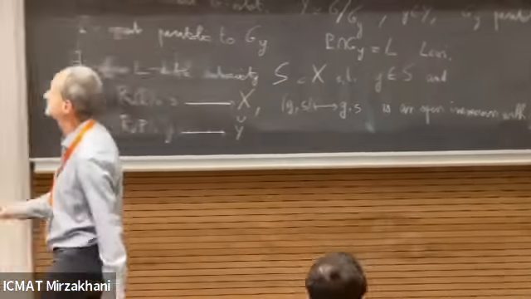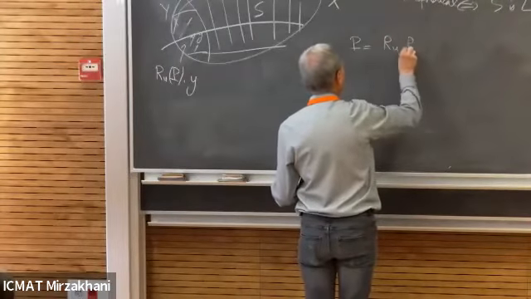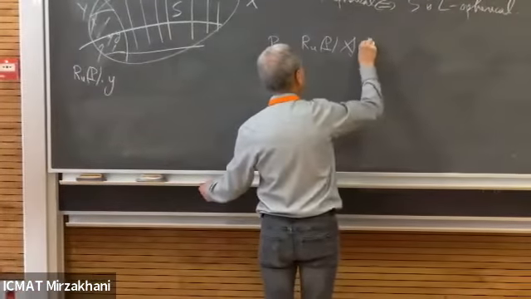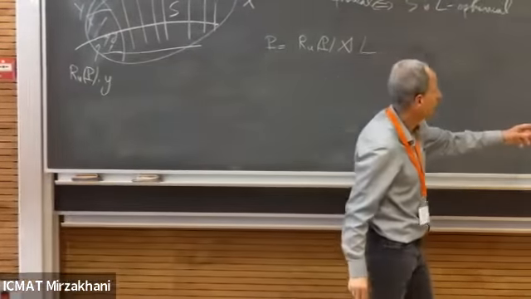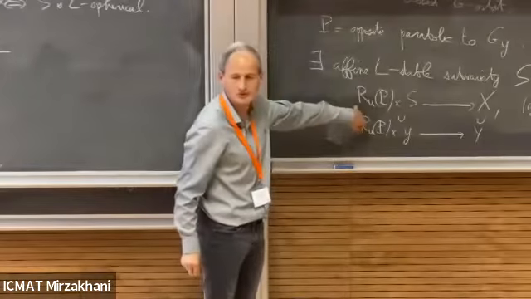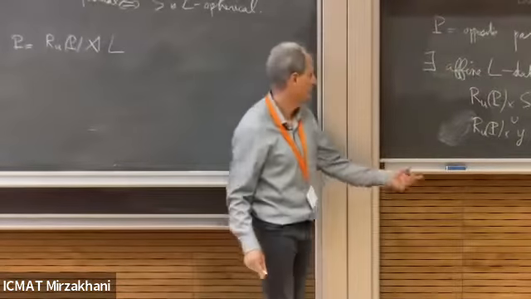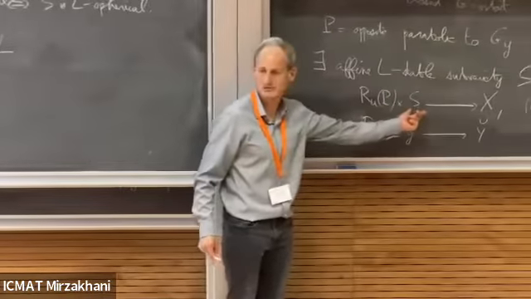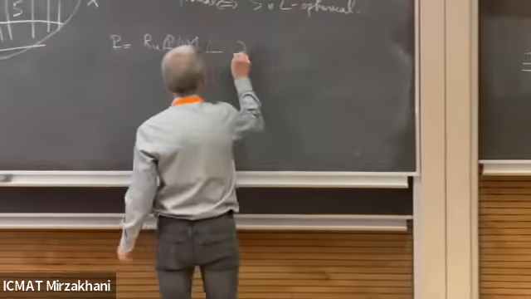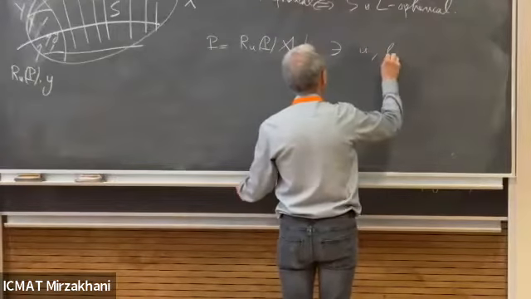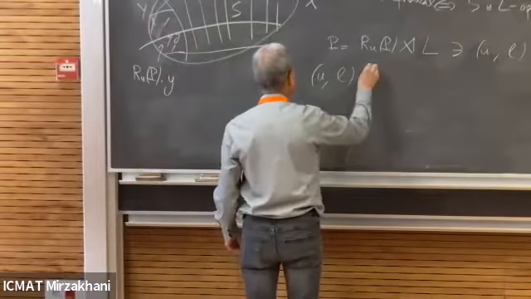Now the unipotent radical acts on this product just by translation on the first factor, and L acts by conjugation here, and by its action here. So let me write it: L.